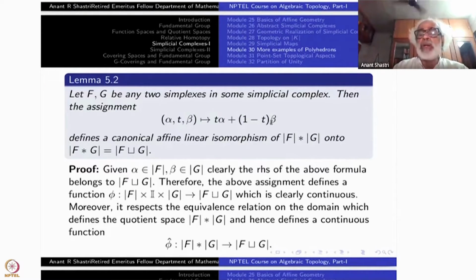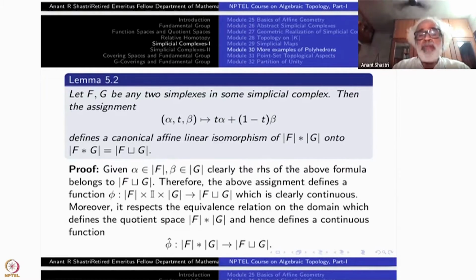Similarly, beta can be thought of as a function on f disjoint union g, taking value 0 on f. So these two things can be thought of as functions here, and then they are themselves points of mod f star g. Then you can take the convex combination of them inside this simplicial complex. This is an affine structure here. So that is the meaning of the right hand side.